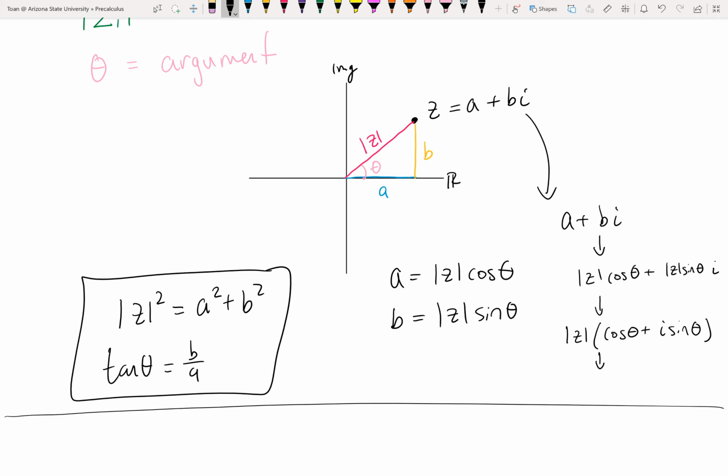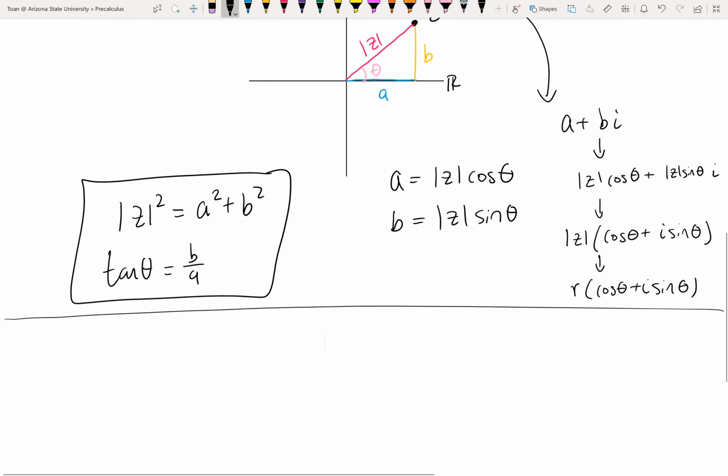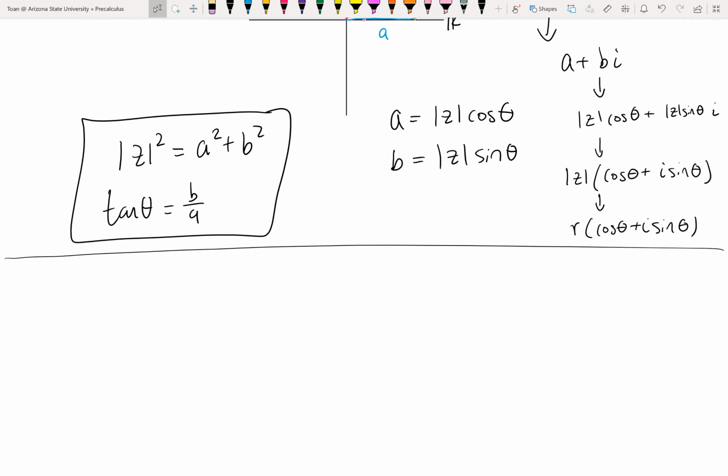Now, mathematicians, we're lazy. We don't want to constantly write down this absolute value symbol all the time. So we just change it back to what we're familiar with as r. And that right there is what we call the polar form of complex numbers.